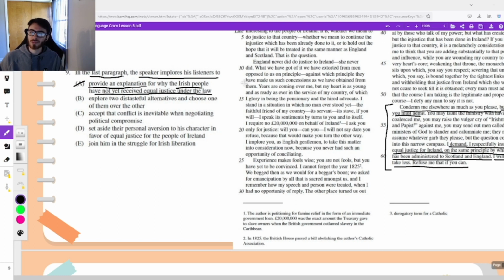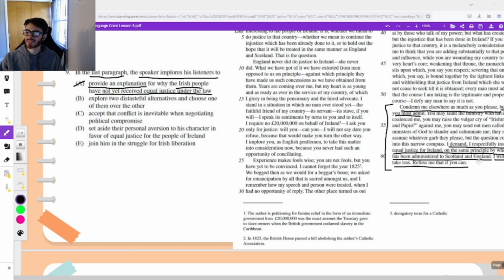B says he implores his listeners to explore two distasteful alternatives and choose one of them over the other. Okay, so this is kind of vague, right? It's not specific, but I don't think it matches, even if we do zoom out a little bit and make the evidence that we found more vague. He's not asking anyone to choose between two bad options.